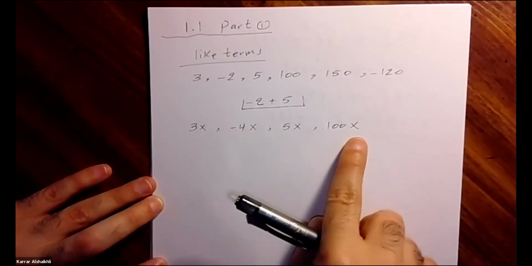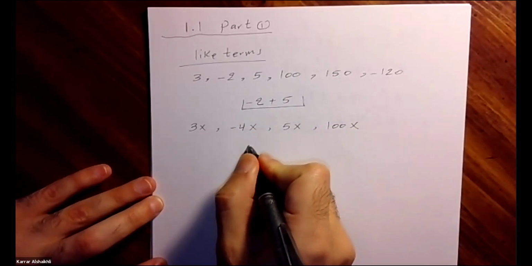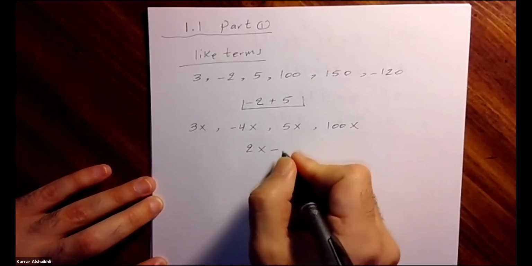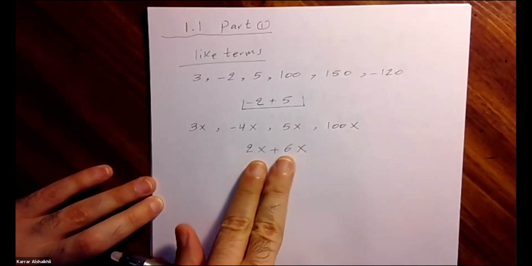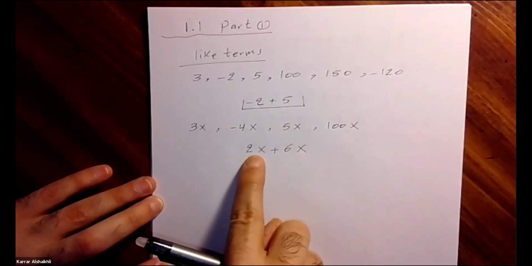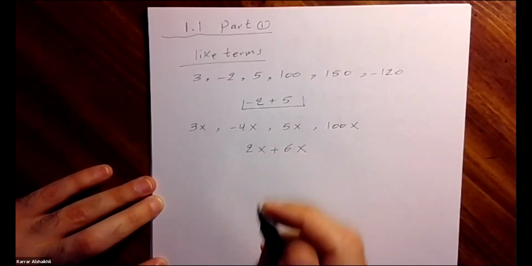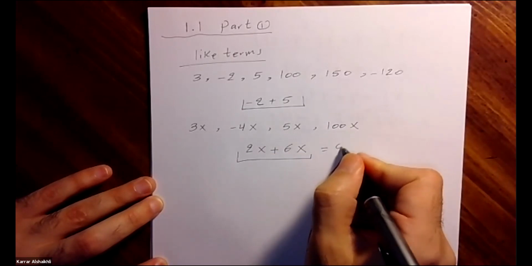So we call these like terms. For example, if we have 2x plus 6x, I can combine these together because a number with the variable, a number with the variable, and we have exactly the same variable. So the result here is going to be 8x.